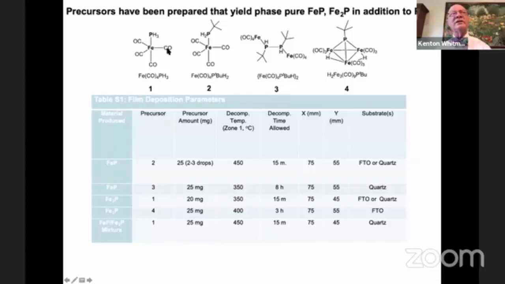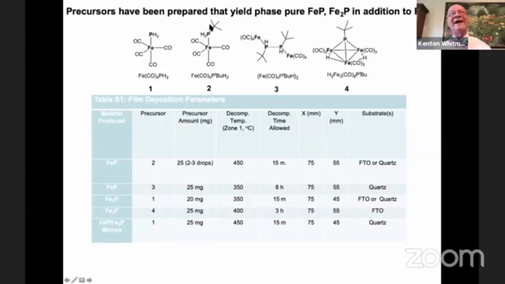And that allows an iron carbonyl fragment to react with precursor, or that's what we believe, because this can happen very cleanly if you do this at the right temperature so that you allow that reorganization to take place. You can use this precursor to get pure Fe2P.